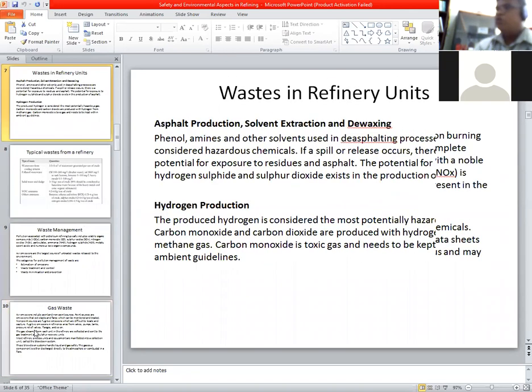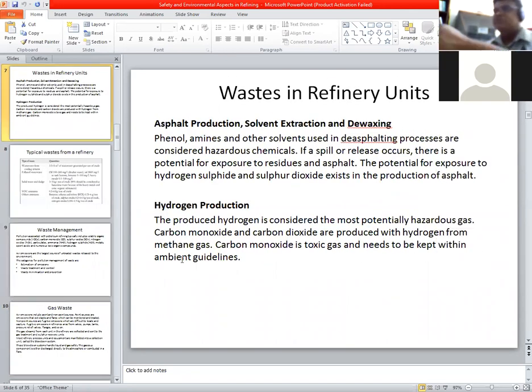So we have to. The last, although we didn't cover that, just for your information, is the bottom from the vacuum distillation unit. Although we produce vacuum gas oil, which can be converted to gasoline, lastly, whatever cannot be converted to gasoline is called asphalt or bitumen or pitch in other words, which can be used for the construction of roads.